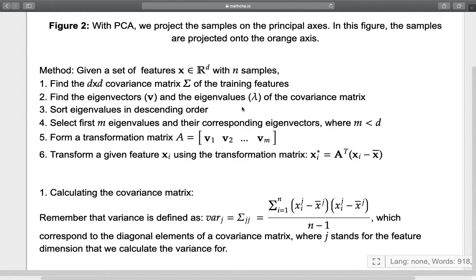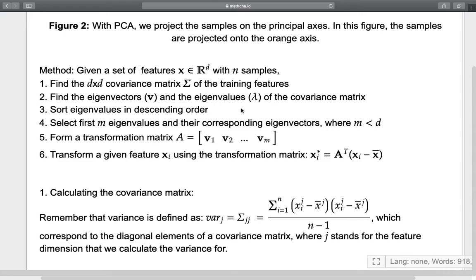criteria. Most of the time we will select the eigenvalues that have a much higher value than the second highest eigenvalue.